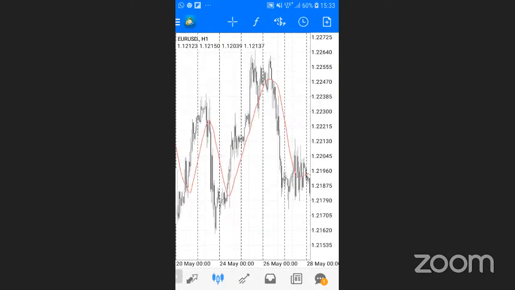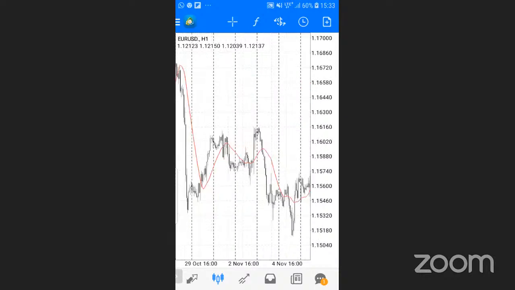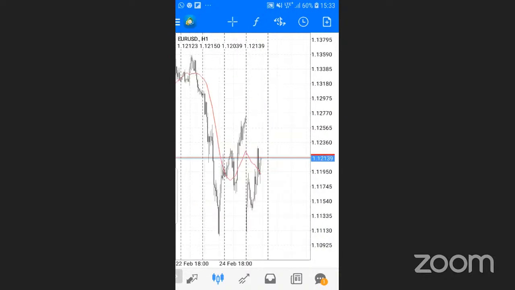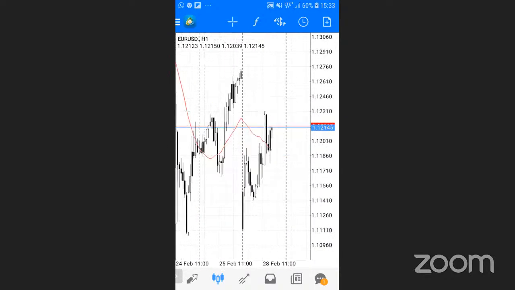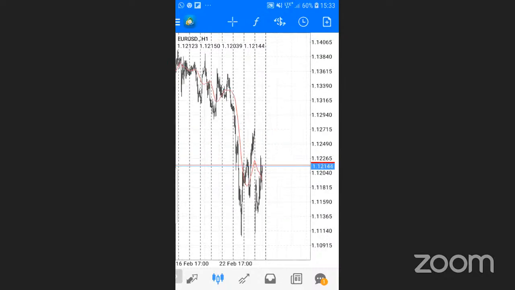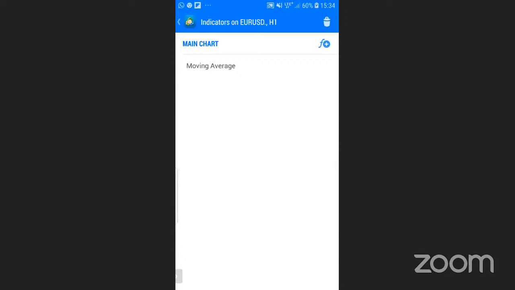Where's my 200? Oh, my 200 has gone. So I wanted to use two other moving averages. Okay, now I need to add.